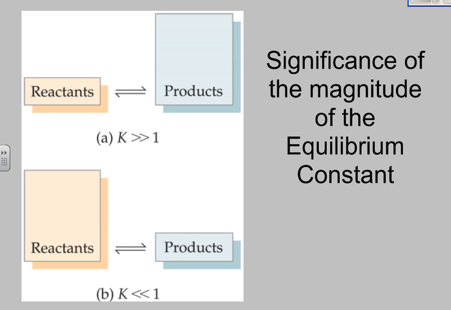Obviously, it's products divided by reactants. And an equilibrium value that was very small, as the one on the bottom, would indicate that there was a relatively large amount of reactants compared to the amount of products. So when you look at the magnitude of the equilibrium constant, it can tell you about those two things. Obviously, an equilibrium constant around 1 would tell you that there's relatively the same amount of reactants and products.